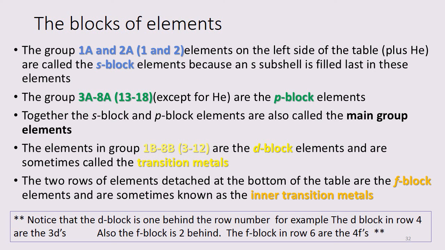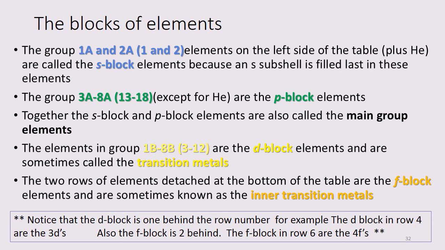And then the elements that are in group 1B through 8B, or columns 3 through 12, are called the D block elements. Sometimes we call those the transition metals. And then finally, the 2 rows that are detached are called the F block elements, and sometimes we call those the inner transition metals.